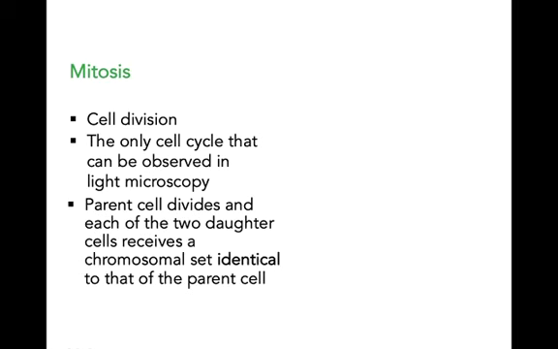And usually remember that the parent cell divides and each of the two daughter cells receives a chromosomal set identical to that of parent cell. Remember, naka-highlight itong or naka-bold itong identical. Kasi pag sa mitosis, usually mga somatic cells, kung ano yung itsura ng parent cell, yun din dapat yung sa daughter cell. Like, for example, sa skin.